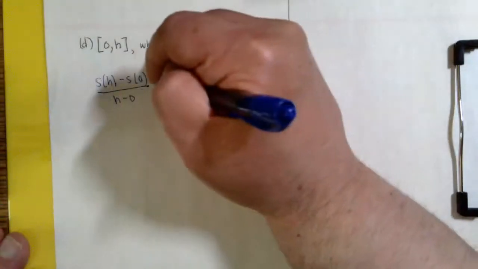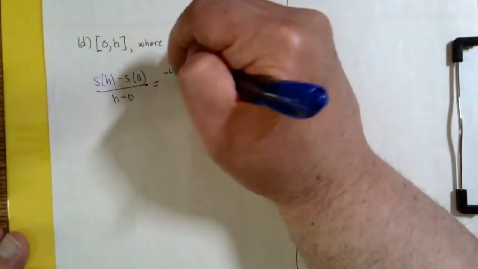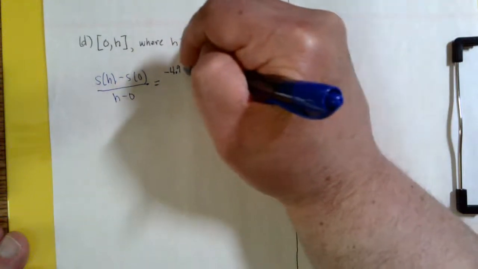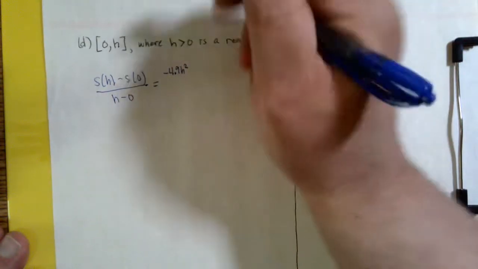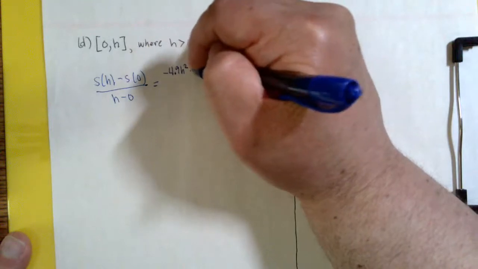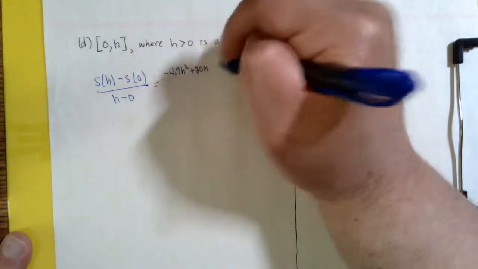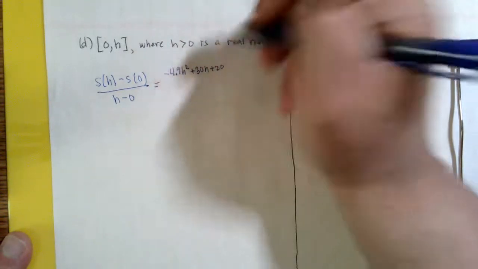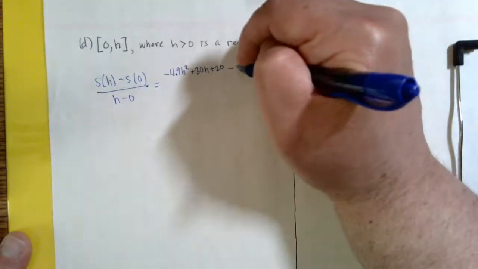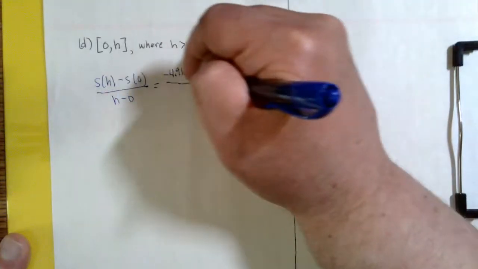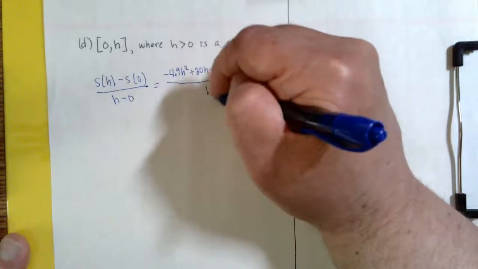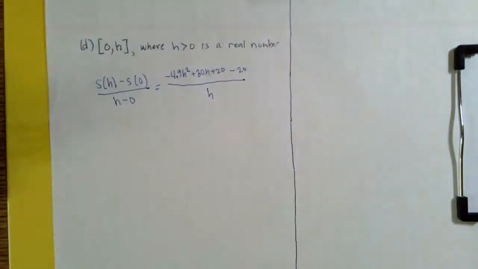So when we plug in, we're plugging in h: negative 4.9h squared plus 30h plus 20. We know s of 0 is 20. So that's our expression that we need to simplify.